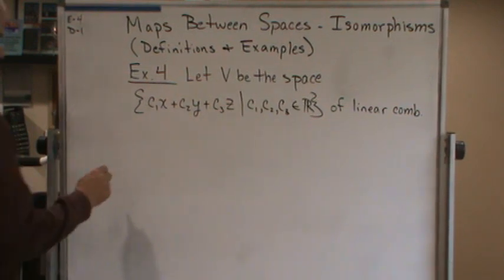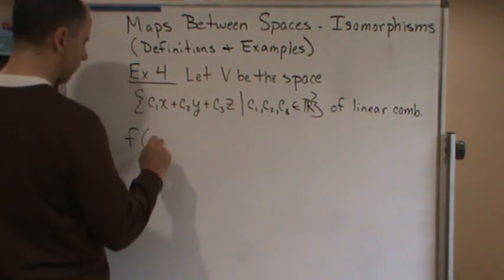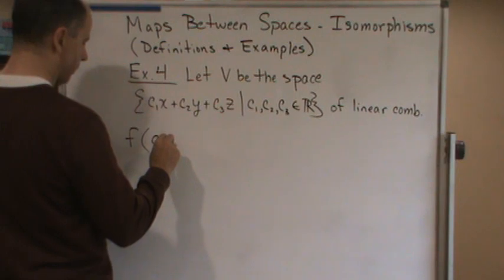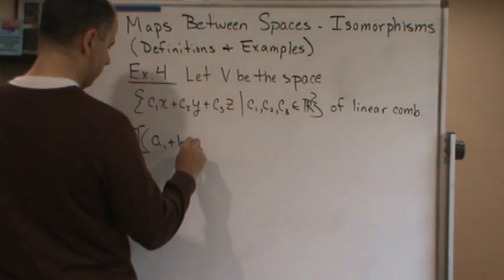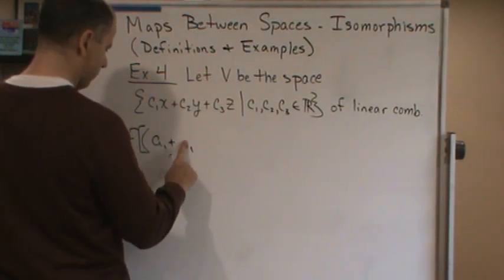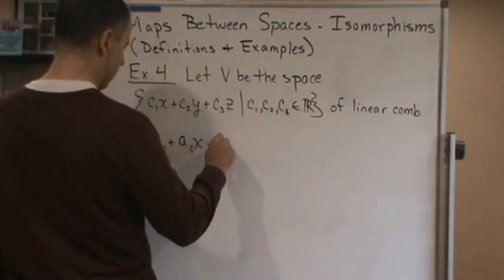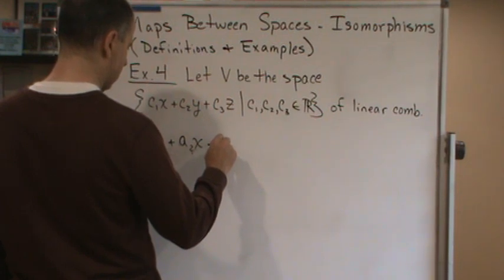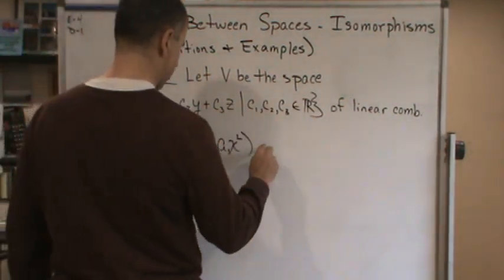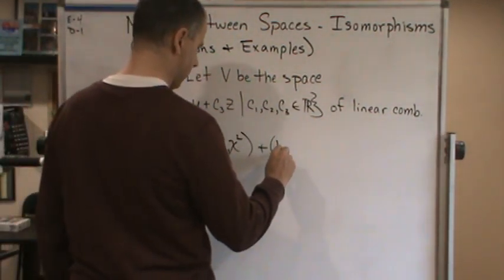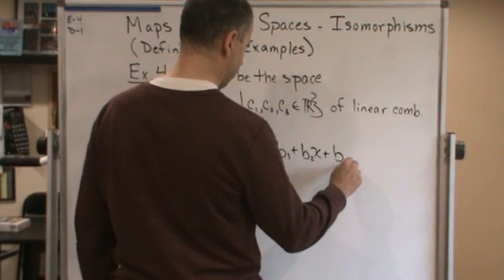So we're going to do f of a1 plus a2x plus a3x squared plus b1 plus b2x plus b3x squared.